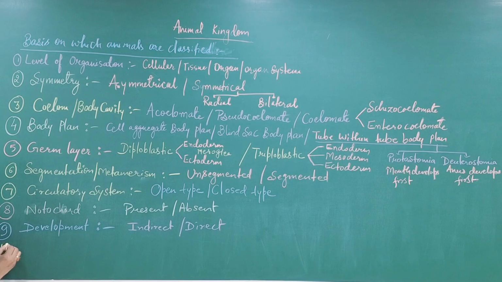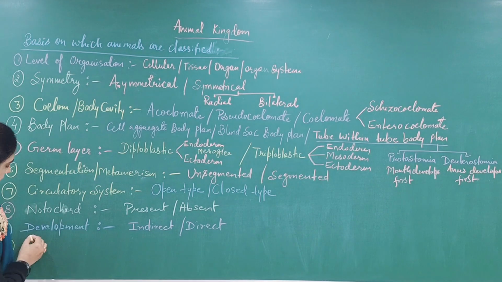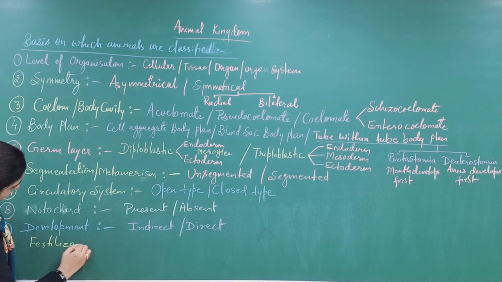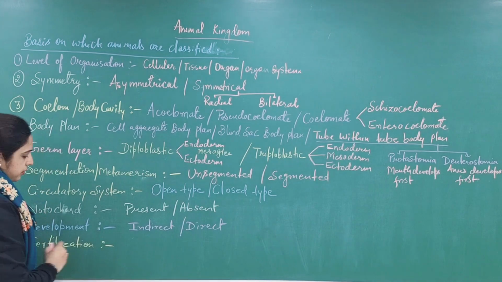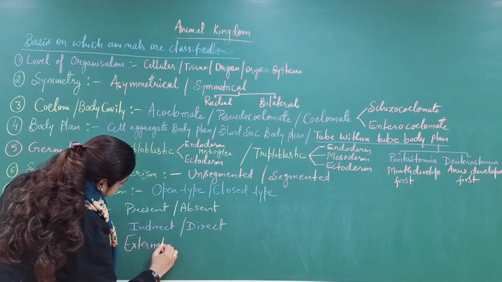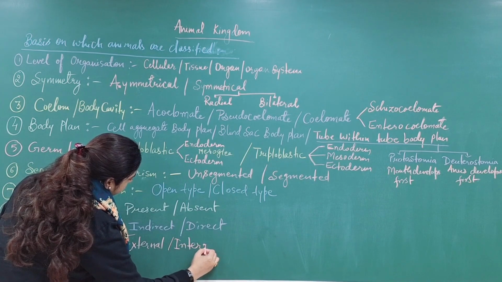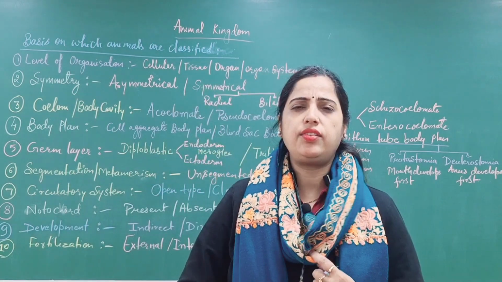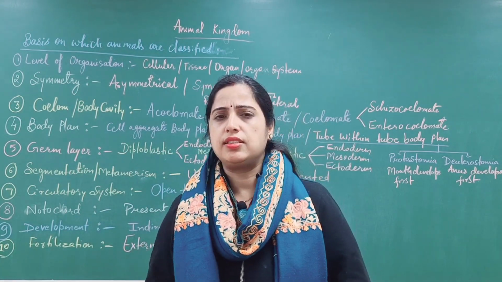Then fertilization could be external or internal. Of course, the respiratory system, the circulatory system, the excretory system will be varying. That can also be one of the bases of classification.